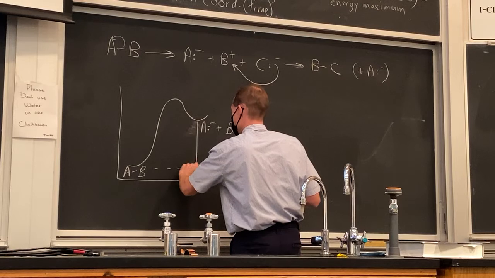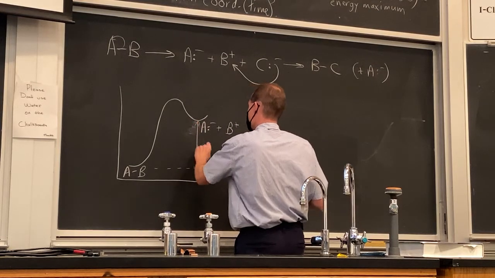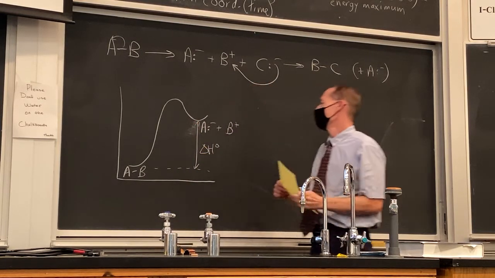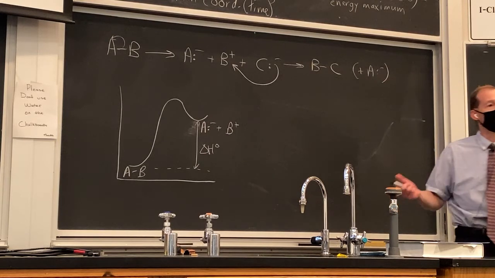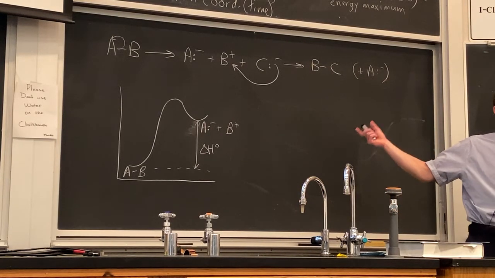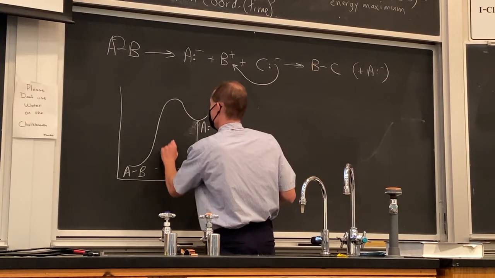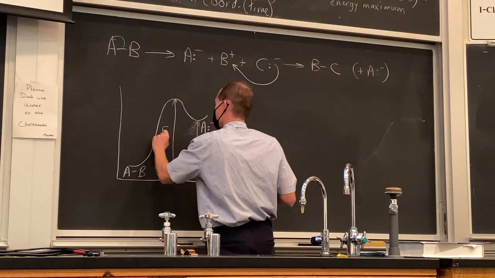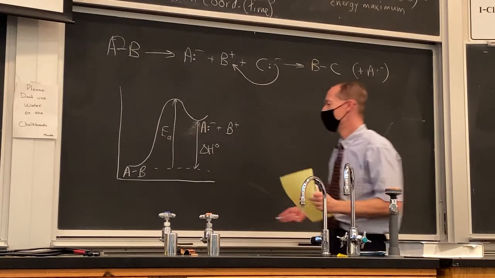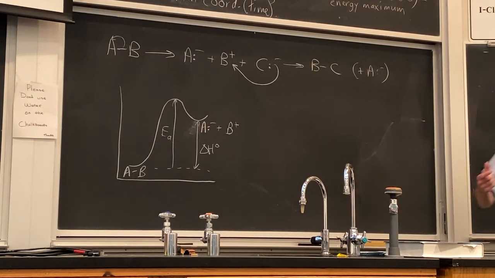The difference in energy between reactants and products is delta H. And the delta H in this case is positive because the products are higher in energy than the reactants. And then the difference in energy between the reactants and the transition state is the energy of activation.